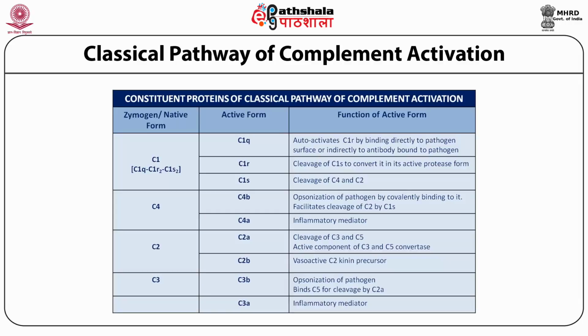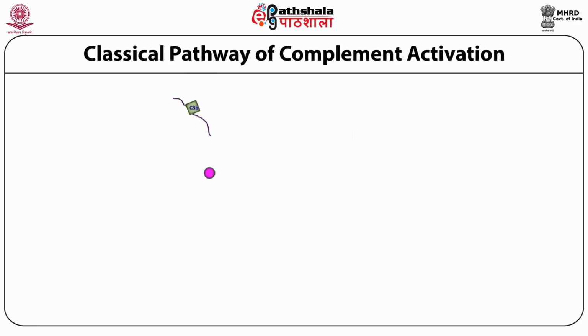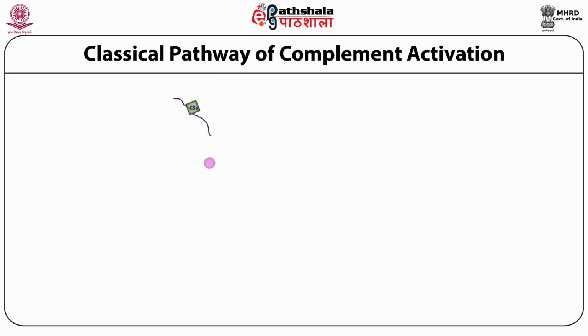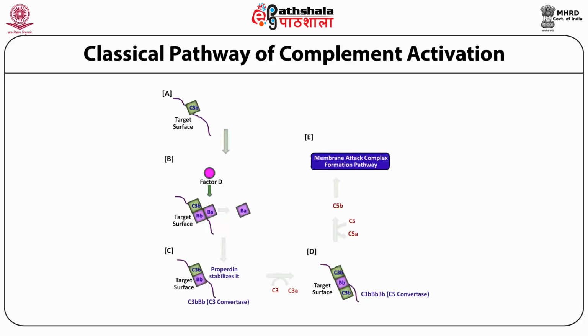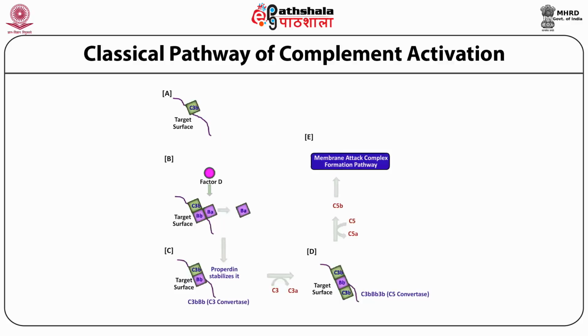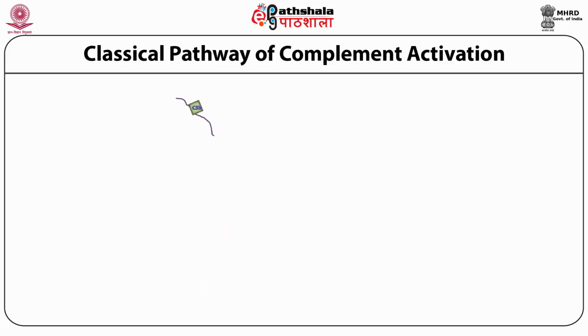Moving on to the next pathway, that is the alternate pathway. The alternative pathway is an antibody-independent innate immune system component. It is activated by foreign cell surfaces and does not require antibody to initiate. In the alternative pathway, serum C3 containing an unstable thioester bond undergoes slow, spontaneous hydrolysis to generate C3a and C3b.